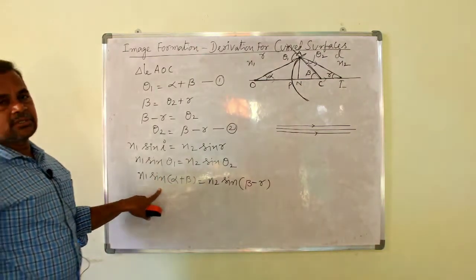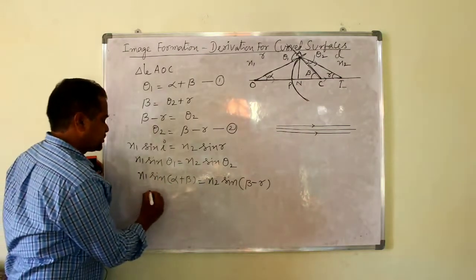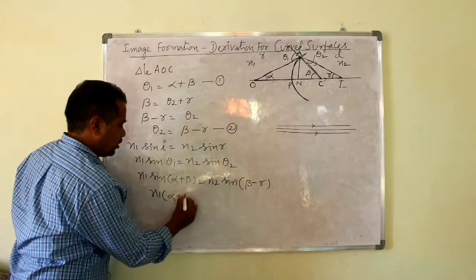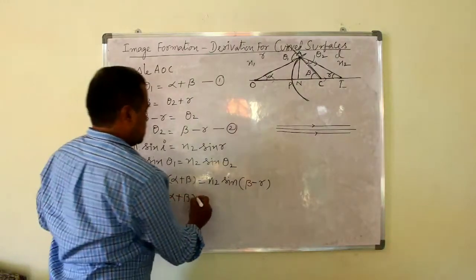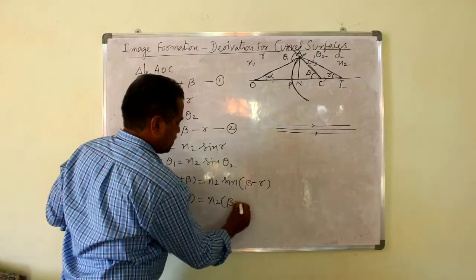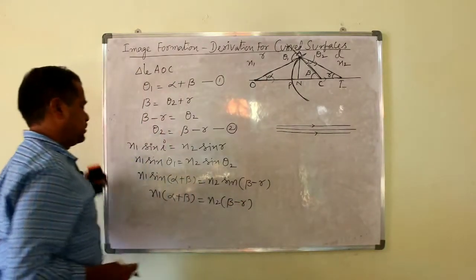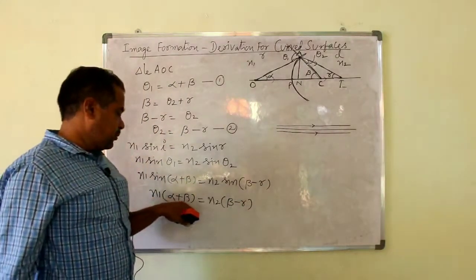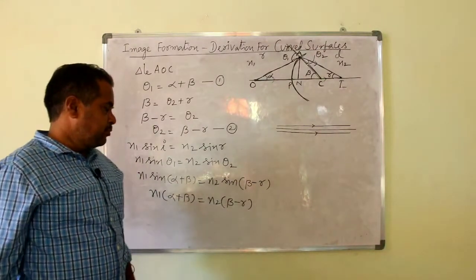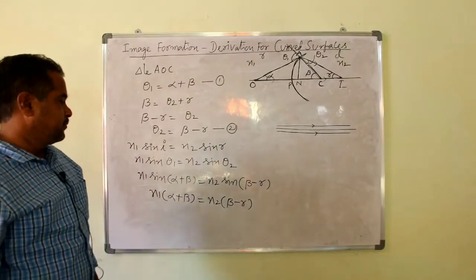These approximations are called paraxial approximations, so the equation becomes N1 into (alpha plus beta) is equal to N2 into (beta minus gamma).